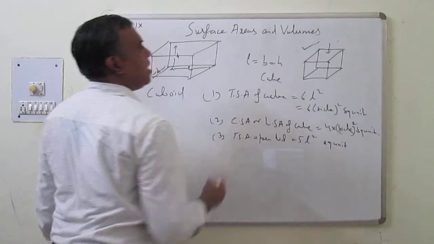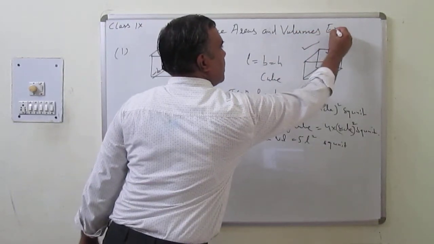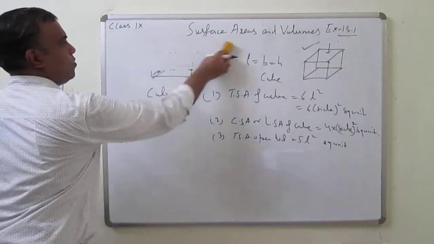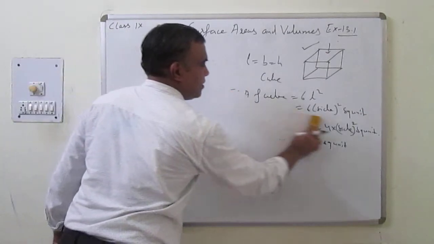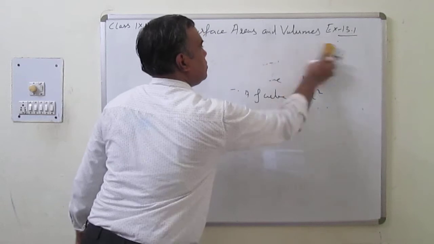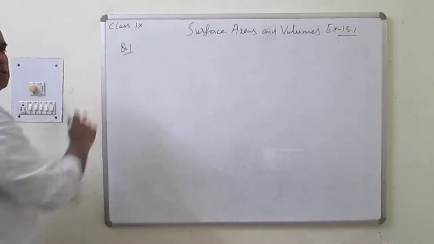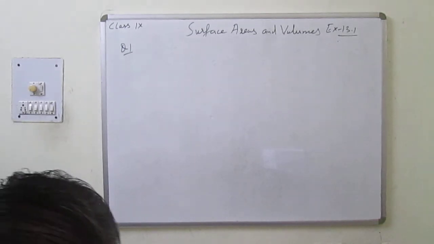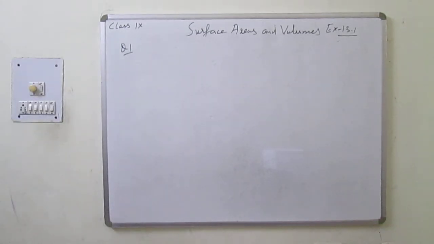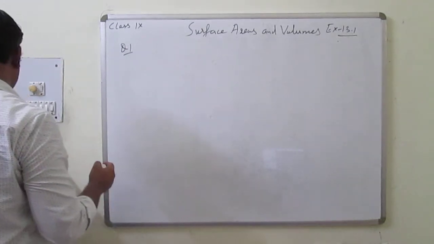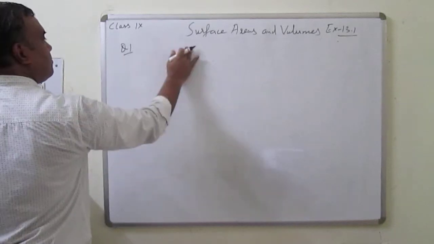Now we will start exercise 13.1 of your exercise book. So question 1, see the question first. A plastic box 1.5 meter long, one plastic box is given to you.